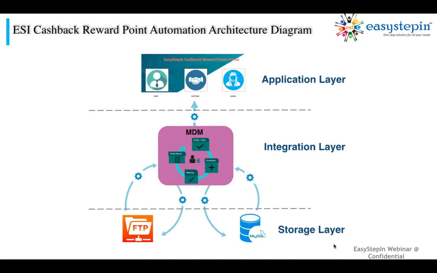The data gets in sync with the ESI Cashback Portal, which is an application for partners and users to log in and track their data. Usually, retail business has two marketing approaches: business to business, known as B2B, and business to consumer, known as B2C. B2B is where a business sells products directly to other businesses, whereas B2C is where businesses sell products directly to customers. In either case, we'll be able to provide a unified solution using Boomi.